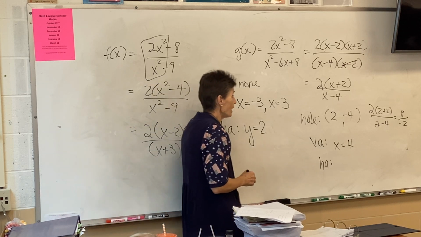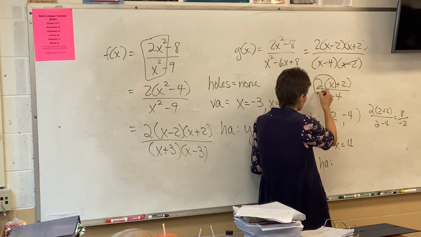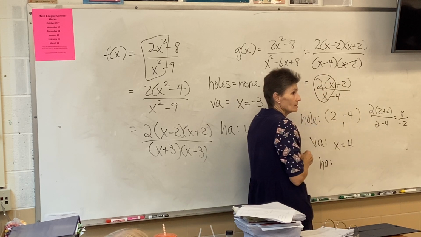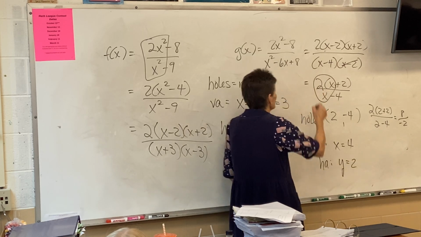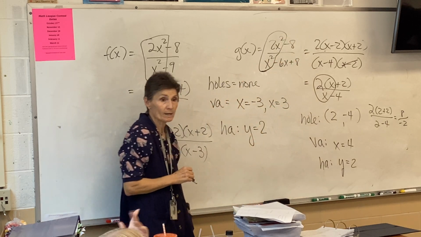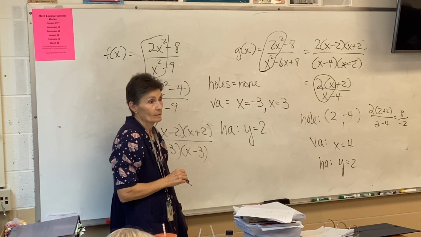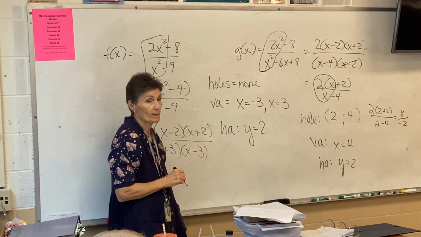How about a horizontal? Well, be careful. This is a 2x over an x. So that one's also at y equals 2. You can also go back to the original. Look at the original. 2x squared over 1x squared. Okay, Jennifer?